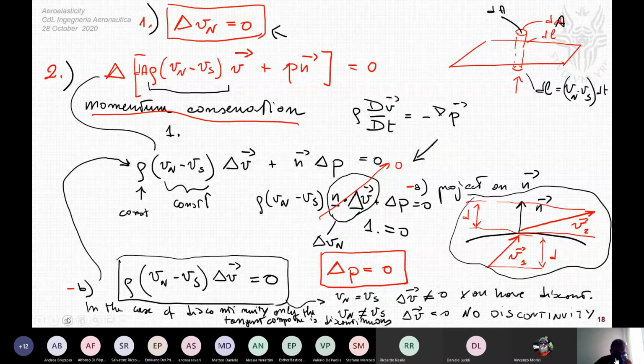Let me emphasize this point, the relative velocity by dt is representing the infinitesimal dl, the length of this cylinder, and then the area by the dl by the rho is the mass of this infinitesimal portion of fluid multiplied by the velocity.